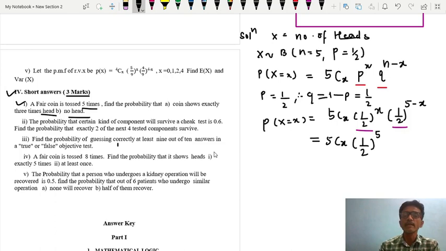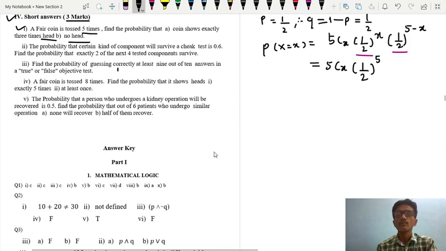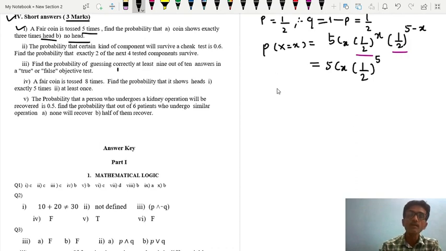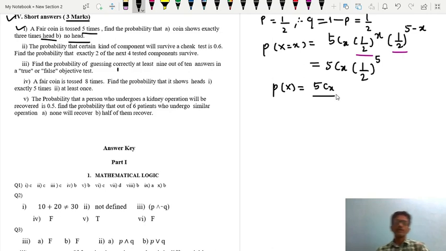So we get the formula P of X equal to x is 5Cx upon 2 raised to power 5. 2 raised to power 5 is 32.